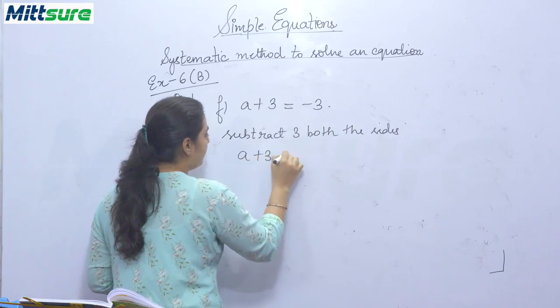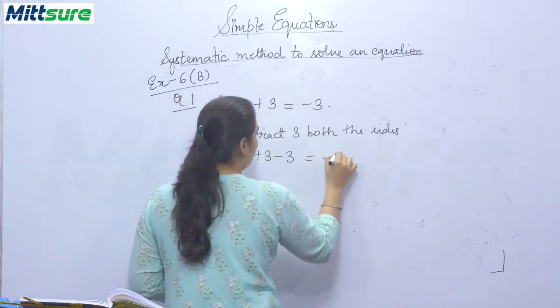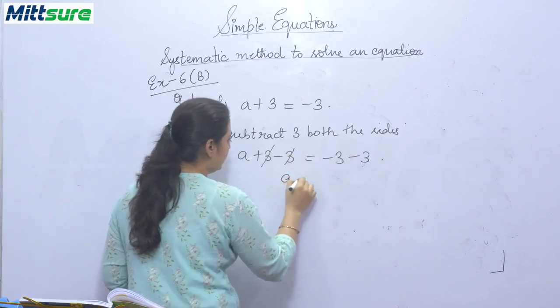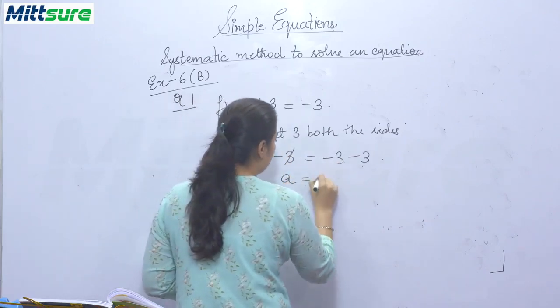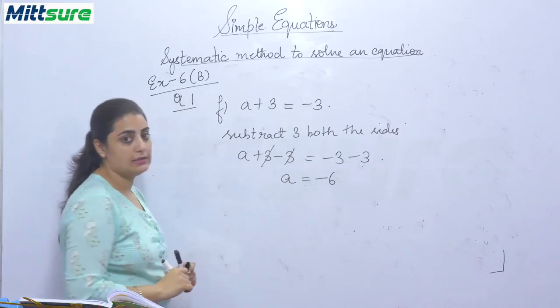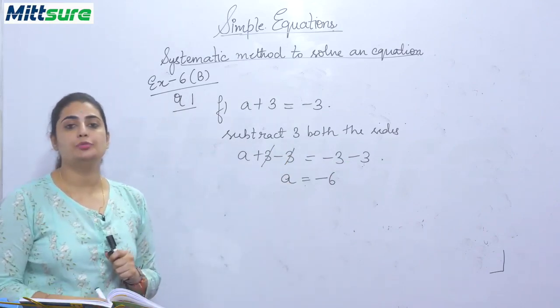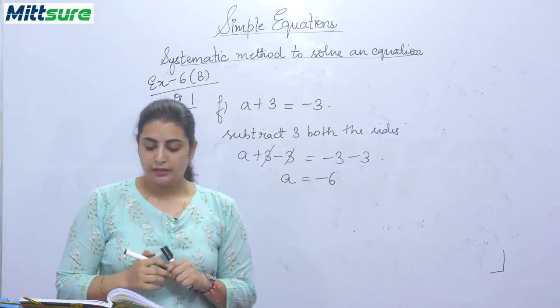A plus 3 minus 3 equals to minus 3 minus 3. So these two cancel. A is equal to minus 3 minus 3, that is minus 6. So the value of the variable A now comes to be minus 6.